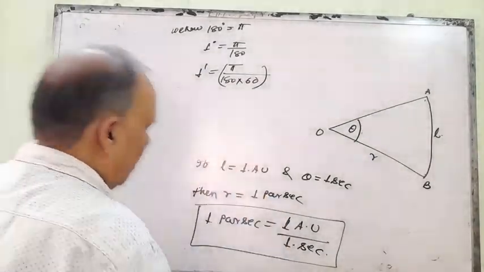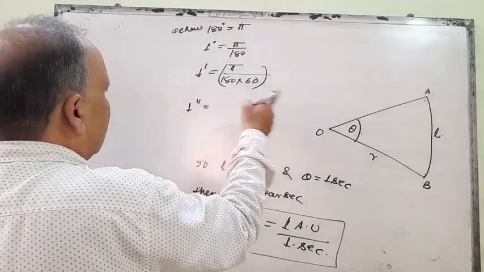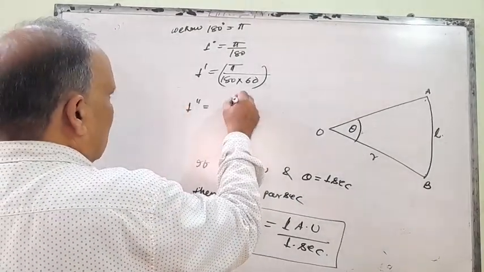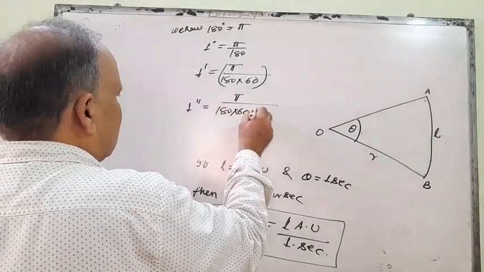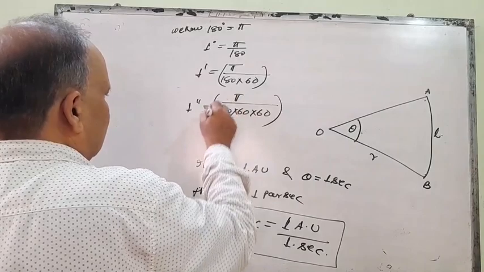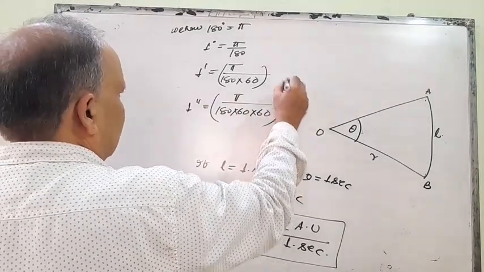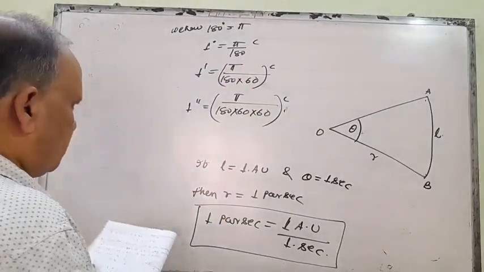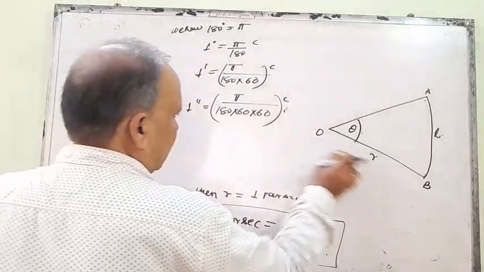And you know, 1 minute is equal to 60 seconds. So 1 second is equal to pi by 180 into 60 into 60 radian. This is your radian. So you substitute this value in place of 1 second.